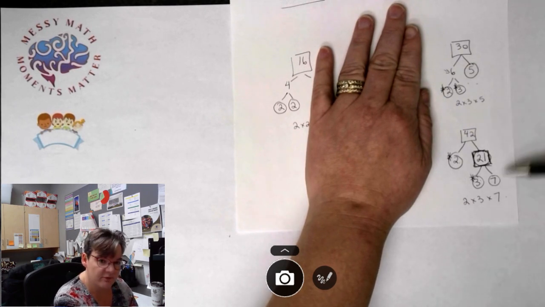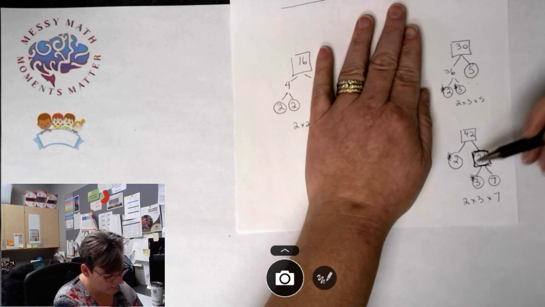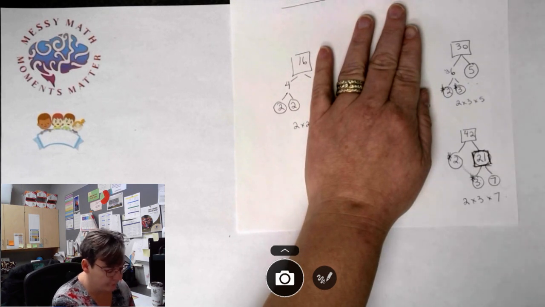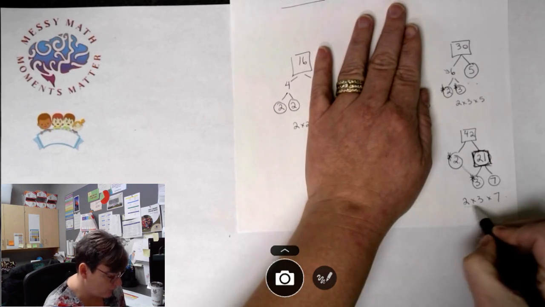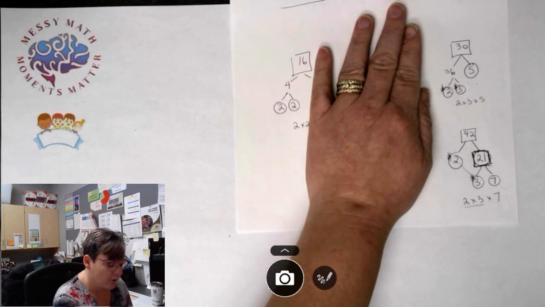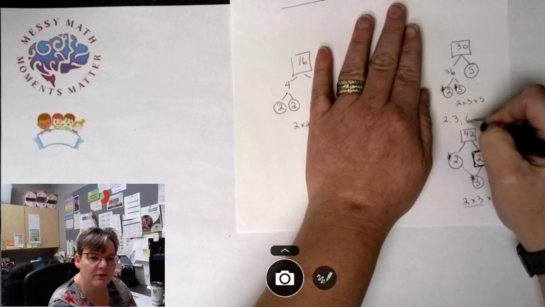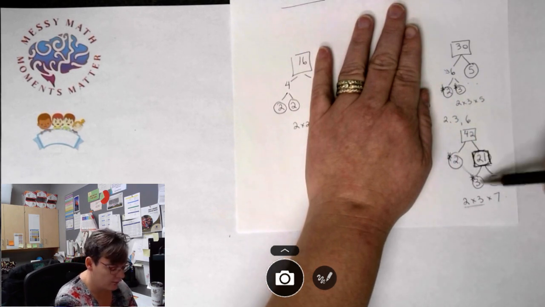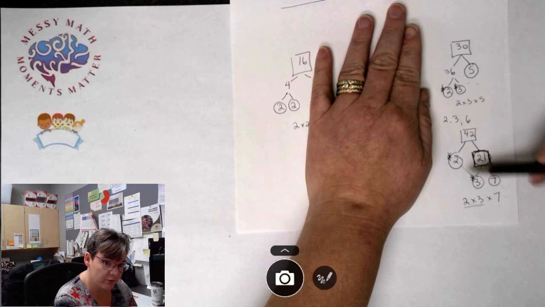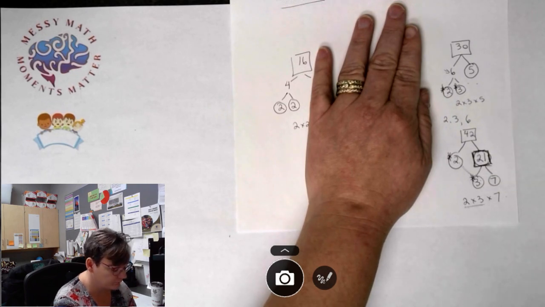Can you see the 6 in here? I can see the 6 right here. 2 multiplied by 3. It's a lot more obvious here. So both of these are divisible by 2, 3, and 6. And I used the prime factors that I circled here to help me find the 6 here.